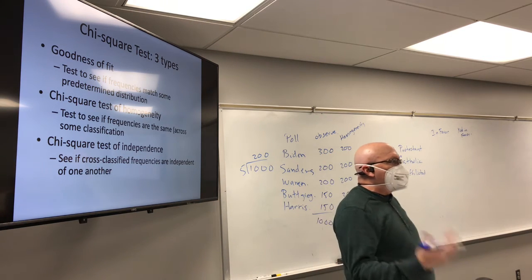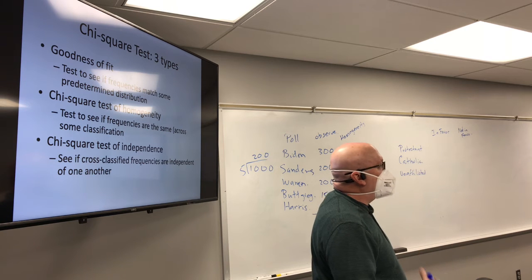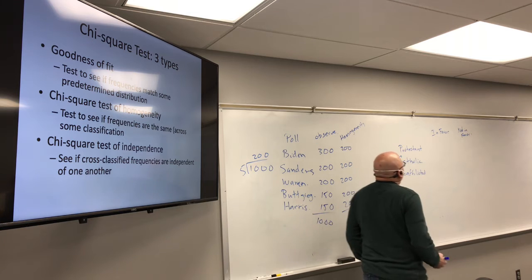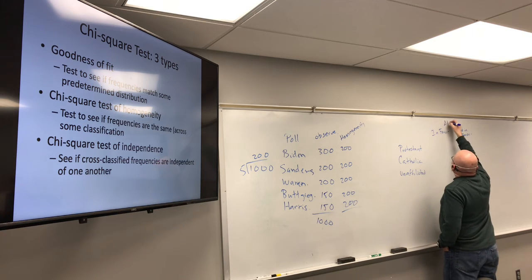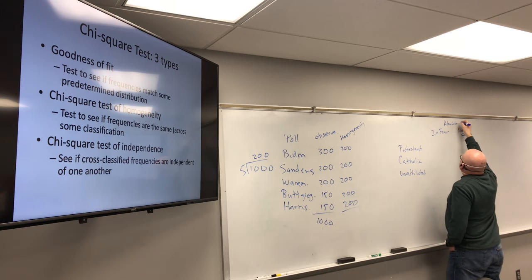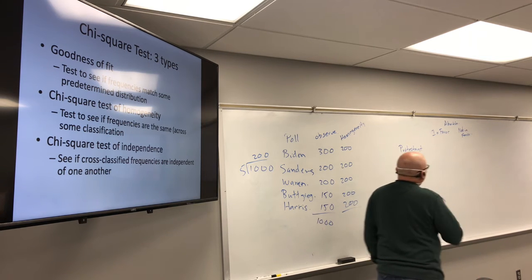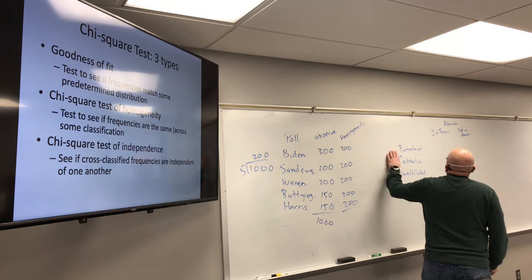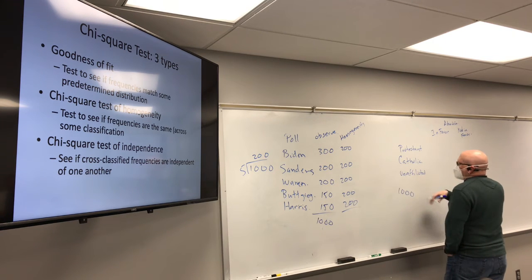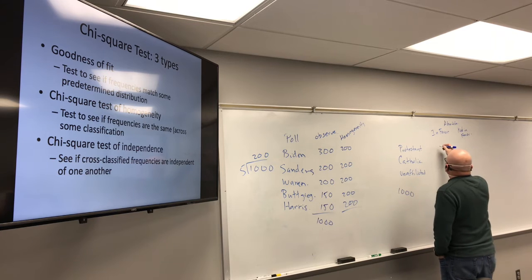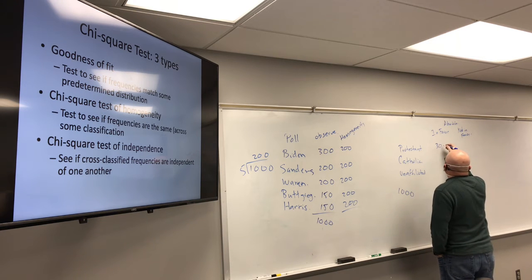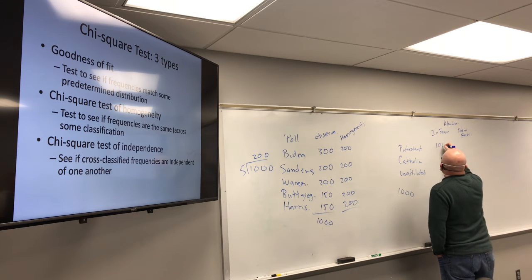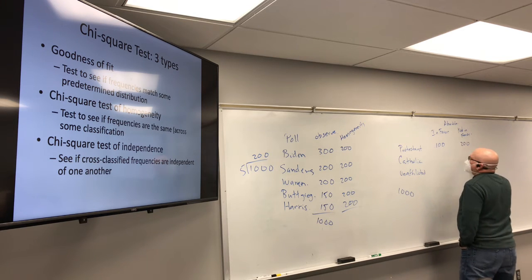You have Protestants, you have Catholics, and you have people who are either unaffiliated with any mainline denomination or are not religious at all. And you ask them about abortion. Are they in favor or are they not? Let's say that you have 1,000 individuals once again, and you find that Protestants, 100 of them were in favor, 200 of them were not in favor.